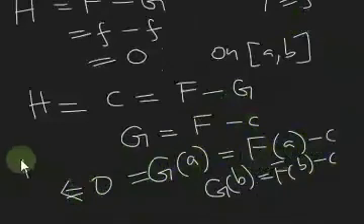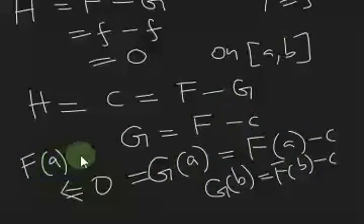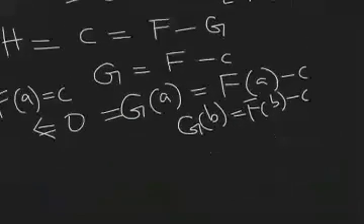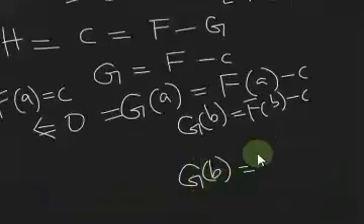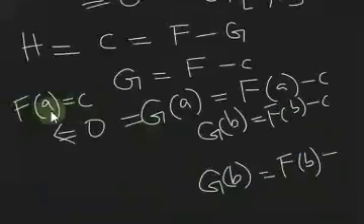So we substitute this in here. And G of b is equal to F of b minus c, where c is uppercase F of a.